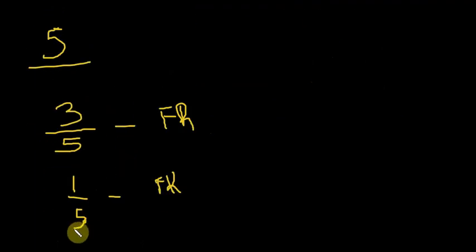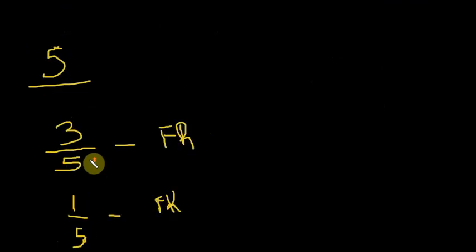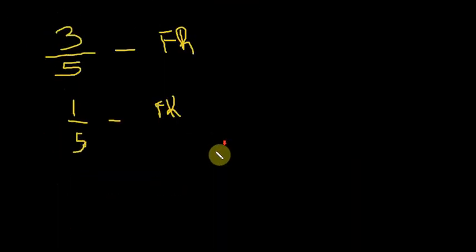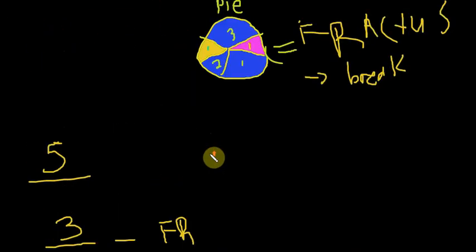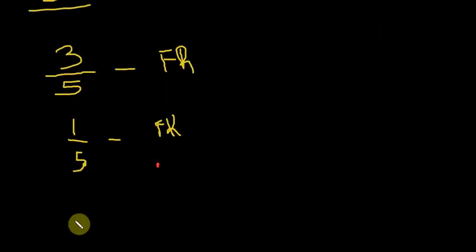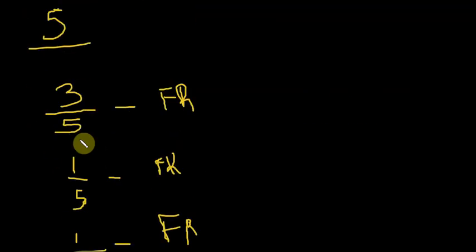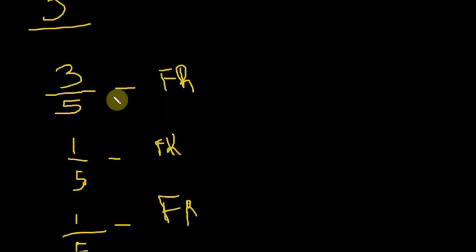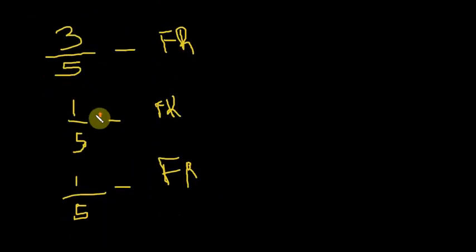What is really nice about the fraction is you can break any number or any whole thing, anything can be broken into fractions. 1/5 also for the pink part, also a fraction. So all these divisions, all these breakings are all fractions.